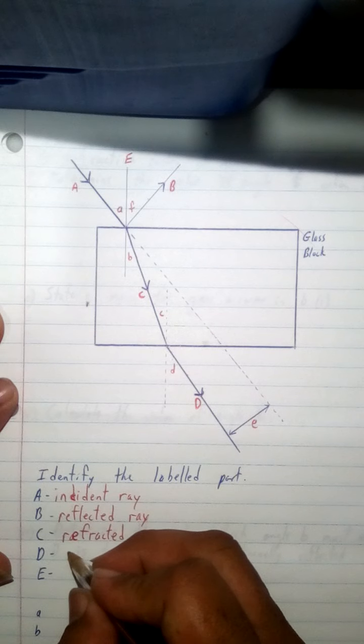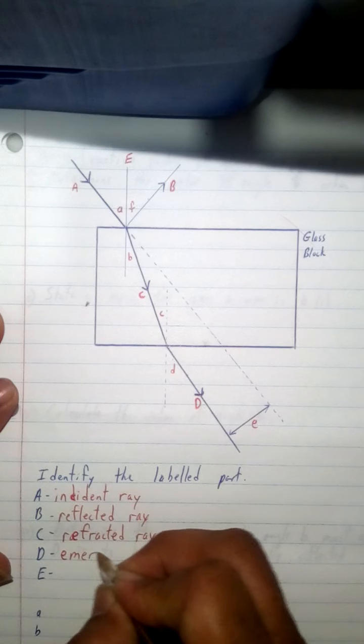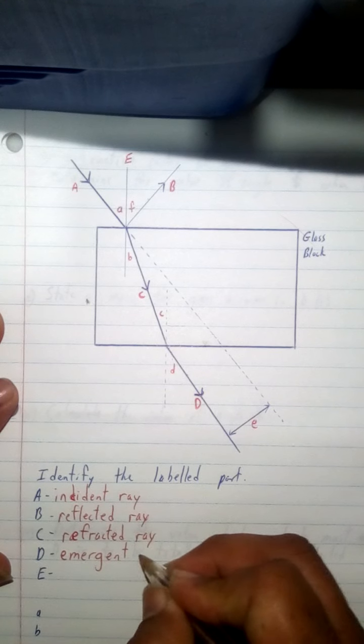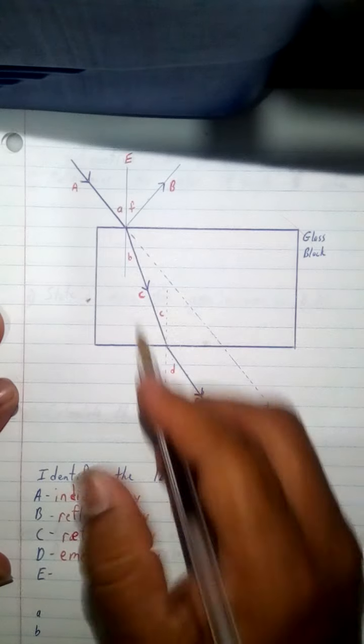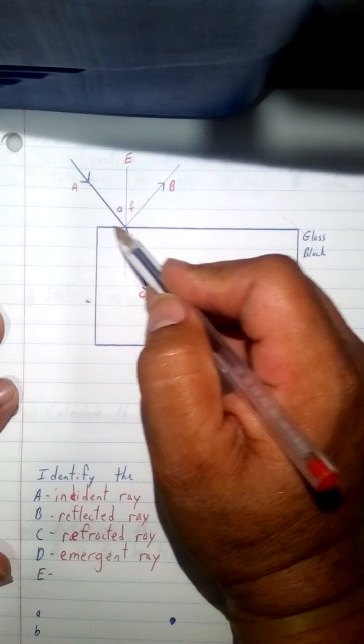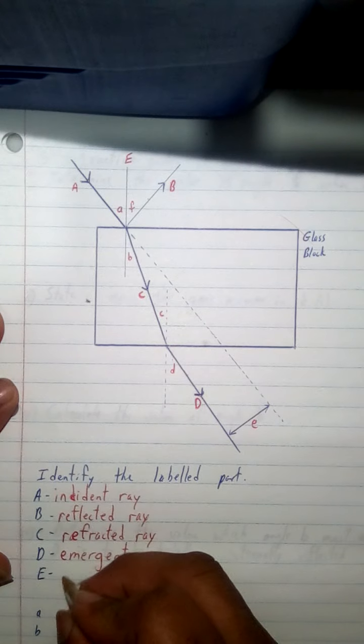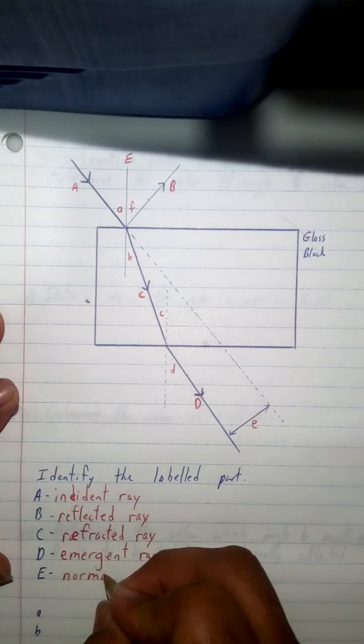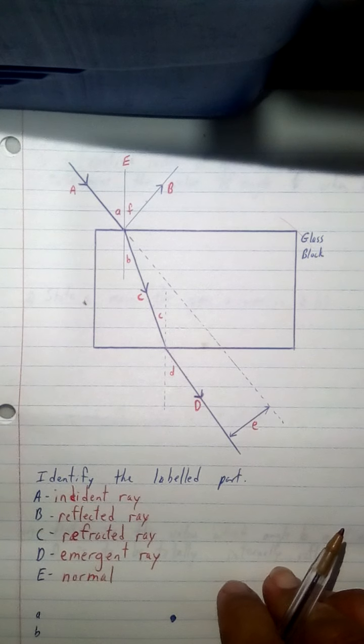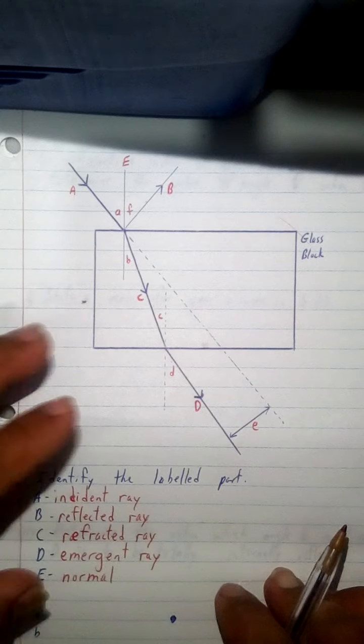So D is the emergent ray. Now E is the perpendicular bisector of this line, or what is known as the normal. We always have the normal. So that's for our labeling in that diagram.